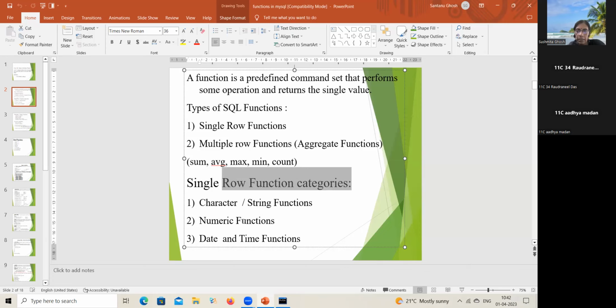So these are different types of data we have. Similarly, we have different kinds of functions which can be applicable on the string data, or char or varchar data as we call them, number data, that is int and decimal and float data, and date and time based functions also. Okay, let's move on to the first category.